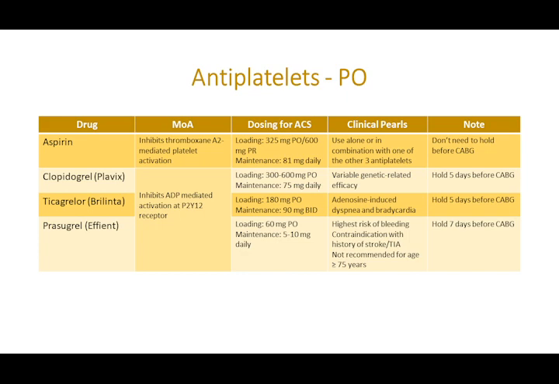Then the day after, the maintenance dose usually drops down to 81 milligrams daily. Aspirin is used either alone or in combination with one of the other 3 antiplatelets. Typically, we don't really have to hold aspirin before CABG if the patient is determined to be eligible for CABG, but sometimes it's also up to the discretion of the surgeon.